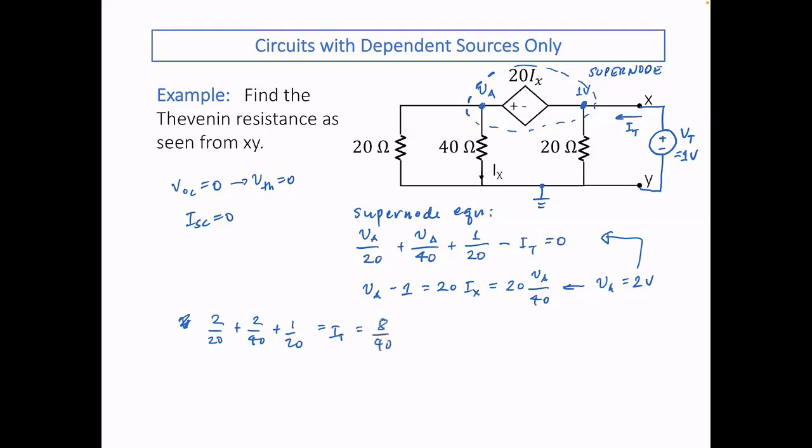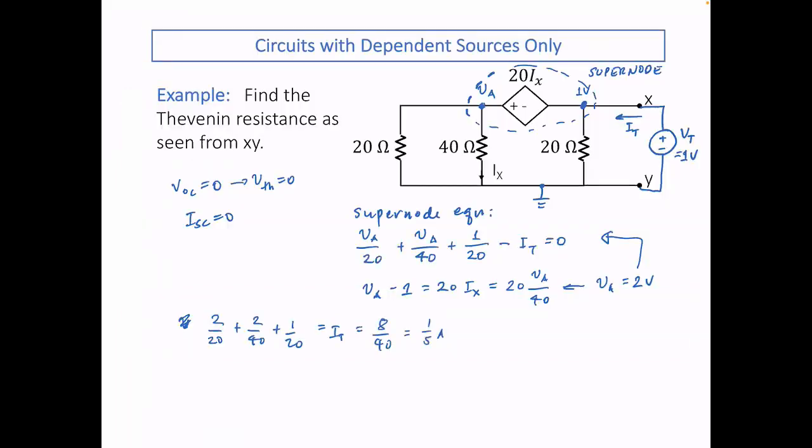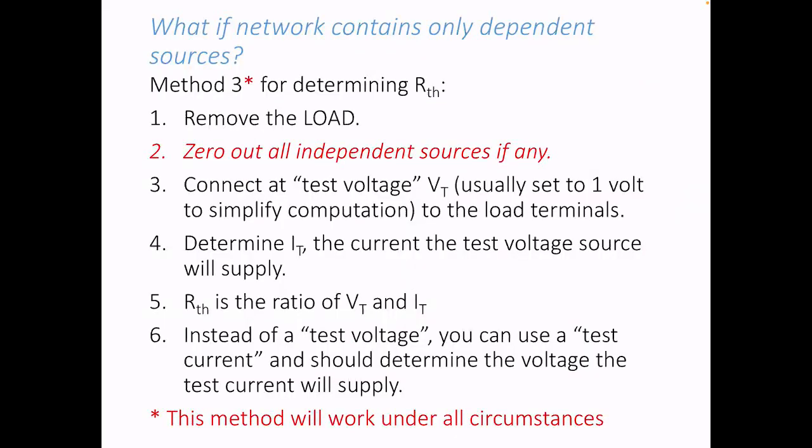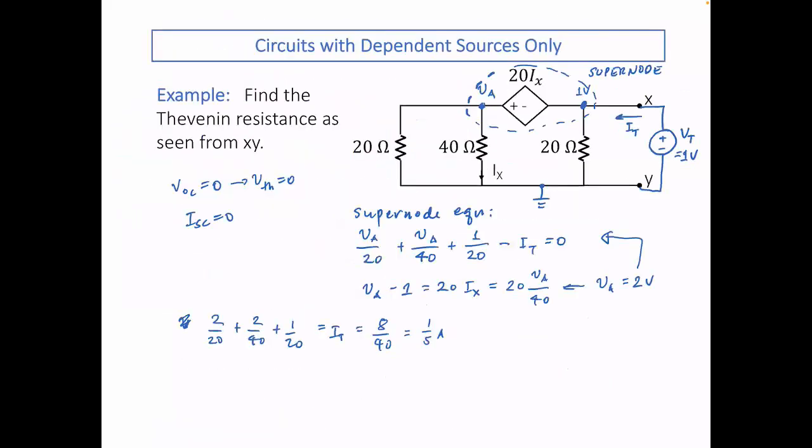Eight over 40. Is of t is equal to 8 over 40, which is equal to 1/5 ampere. Okay.